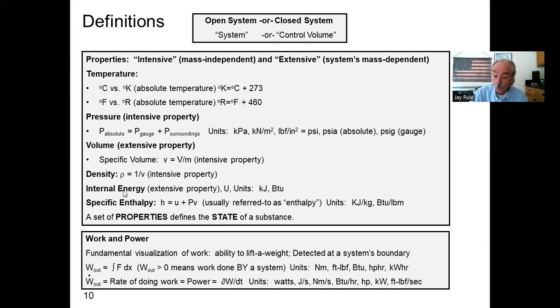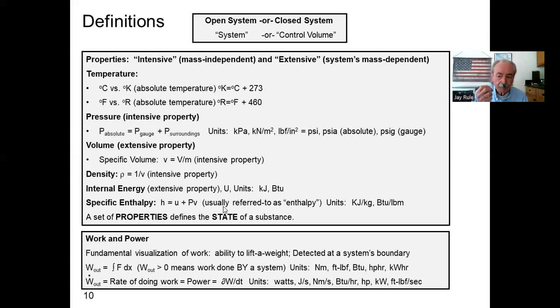Moving along, more definitions. Internal energy. Now, capital U, that's internal energy, is an extensive property. And remember that for a closed system, U over little m, U over the mass of a system, is the specific internal energy. Enthalpy, H, remember the definition of H is U plus PV.